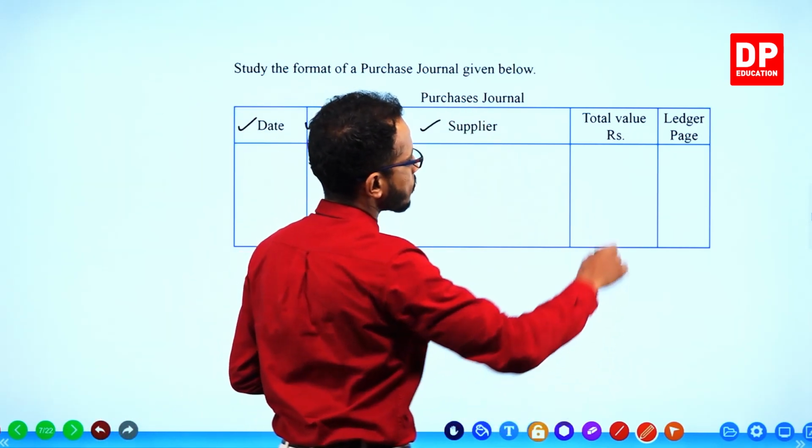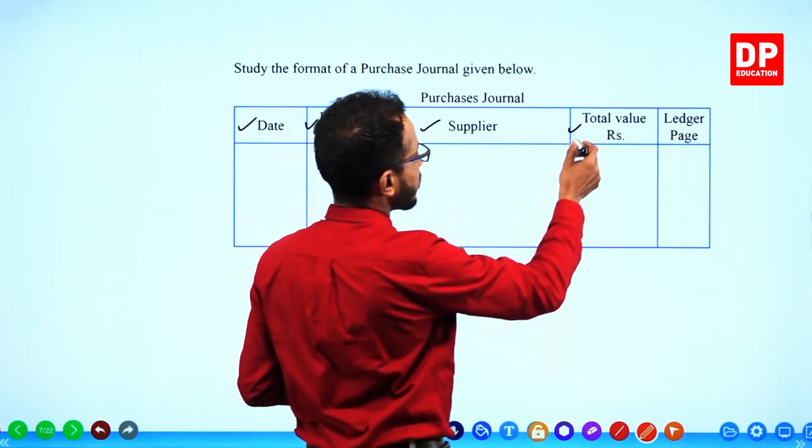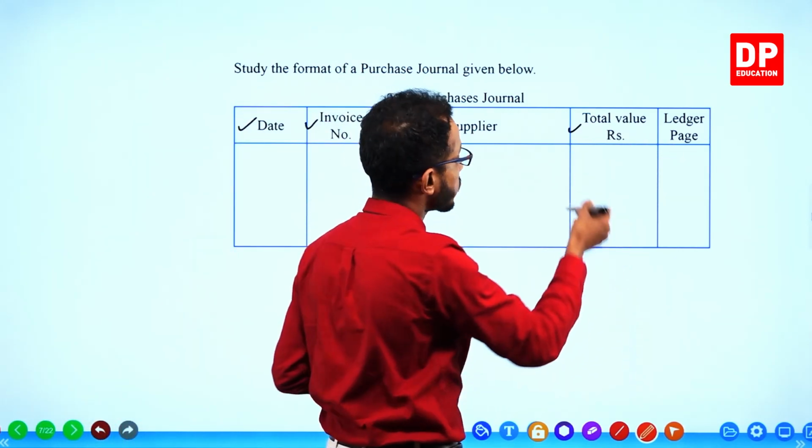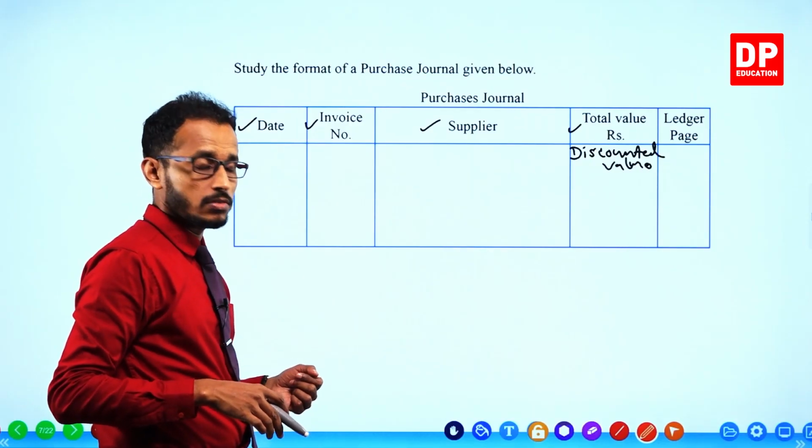Supplier's name. Total value. When you record the total value, you should record the discounted value. You get what I'm saying, right?